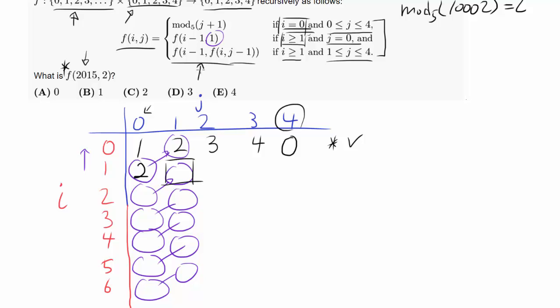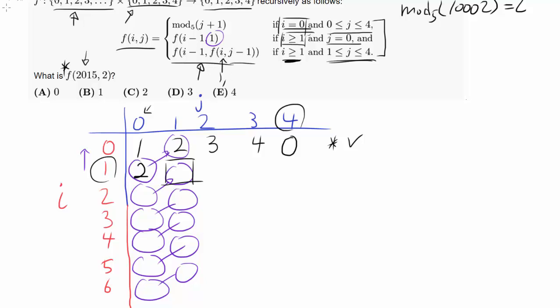For 1, 1, you have to look at this because i is greater than or equal to 1 and j is between 1 and 4 inclusive. So you're going to go backwards one row. So you're going up 1 for i. So you're looking at i of 0, and you're going to look at our function at 1, and j minus 1, 1.